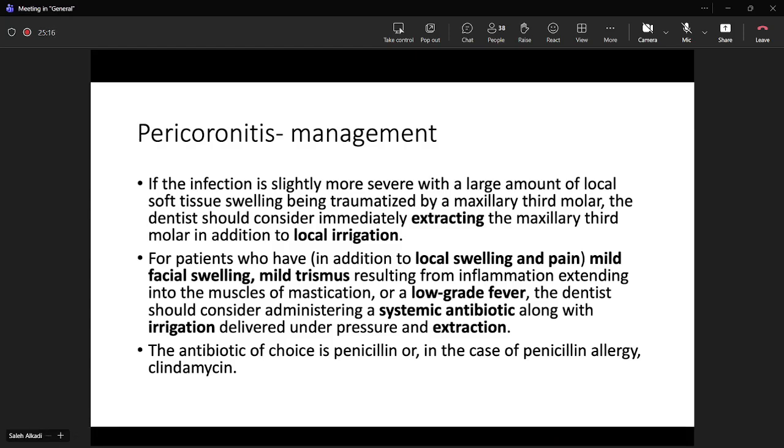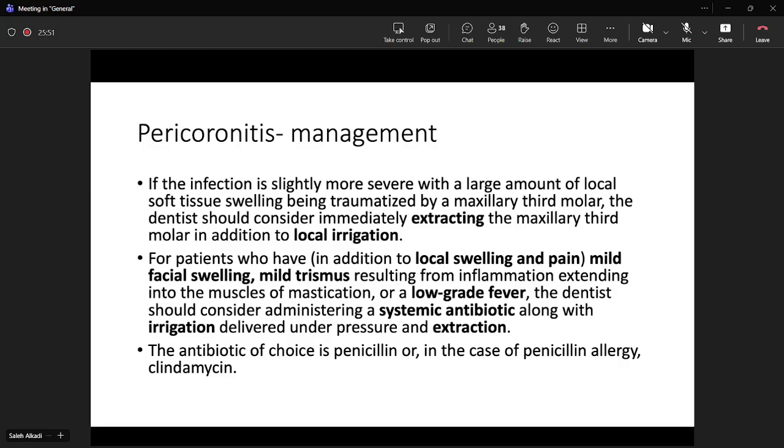So you need to administer a systemic antibiotic, of course, along with the irrigation of the operculum, and consider extraction once symptoms resolve, or extracting the upper wisdom tooth if it is the cause. Your antibiotic of choice will be penicillin, so you can prescribe the patient amoxicillin, or maybe amoxicillin with clavulanic acid, which is Augmentin, for a 1 week course. If the patient, of course, is not allergic to penicillin.